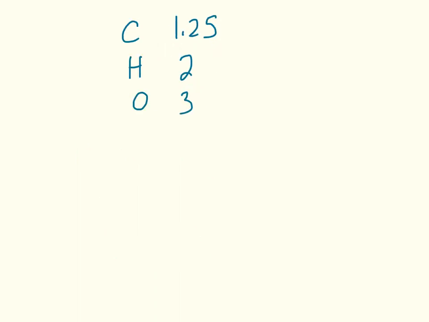So let's say you had these numbers instead, like 1.25, 2, and 3. And you cannot have a 1.25. I think of 0.25 and what fraction it is. It's 1/4. So if I multiply these all by 4, then I'll get whole numbers. So let's say, for example, your numbers were actually a third, like 1.33, then you had 3, then you had 5.